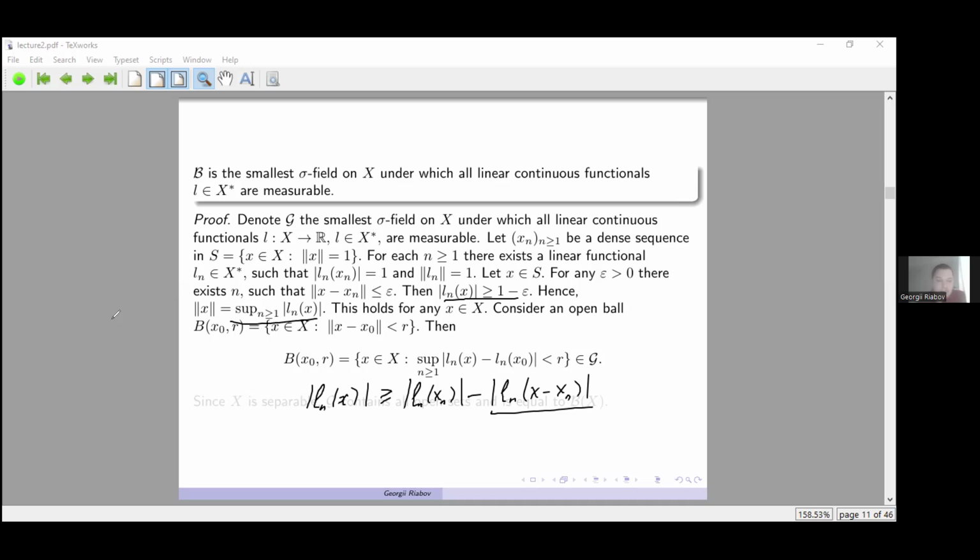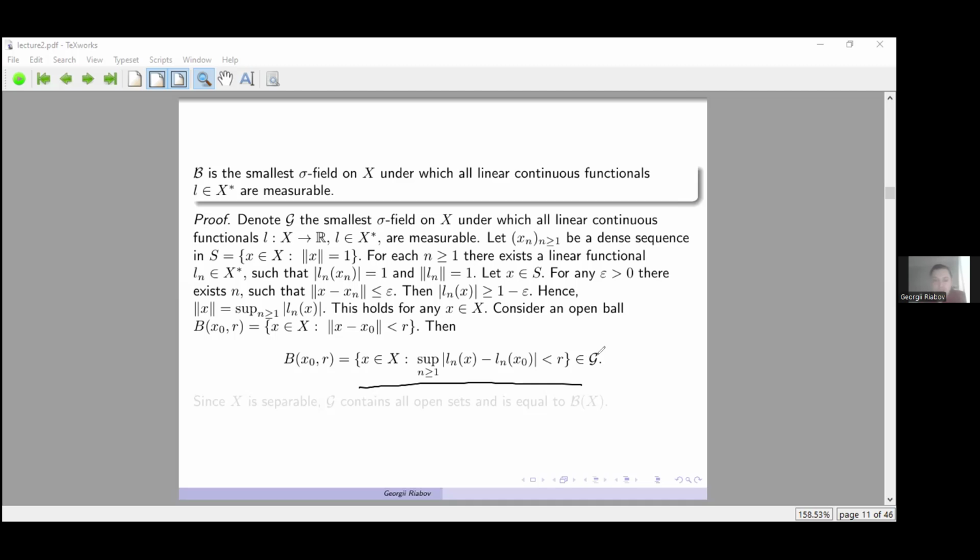Now, if we take any open ball, let's say of center x_0 and radius r, then we can write this open ball in the following form. So we see that this set is completely defined by a sequence of functionals l_n.